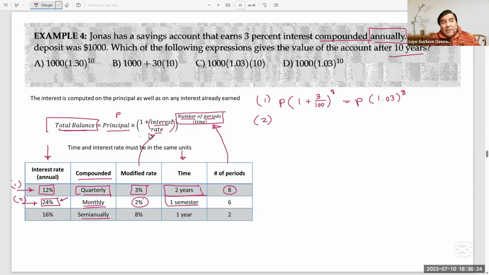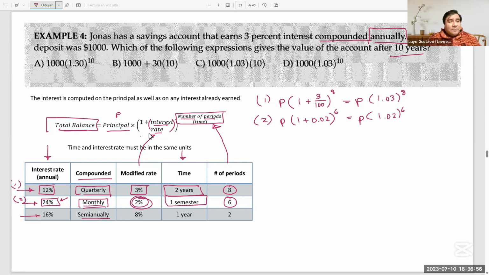The duration of the investment, express it in months. Why months? Because it says that the interest is compounded monthly. So now I have the initial investment amount, P, multiplied by 1 plus this modified rate, 0.02, up to this exponent. The duration of the investment expressed in months, 6 months. So the expression that gives me the final balance would be this.